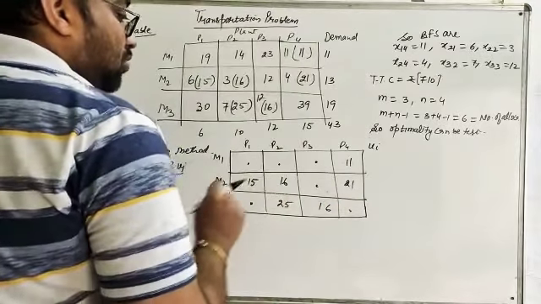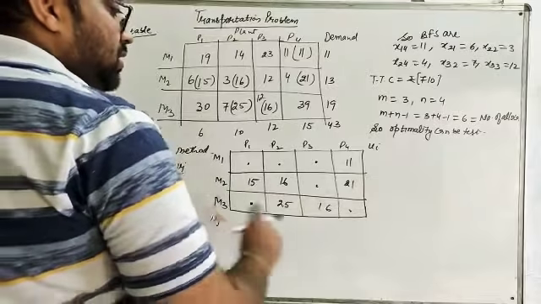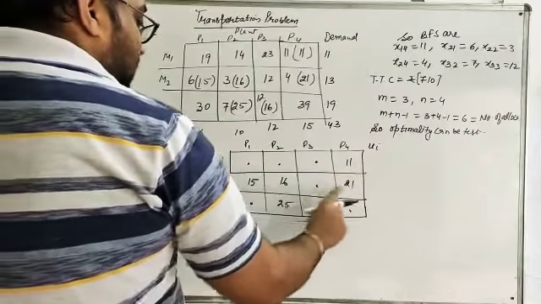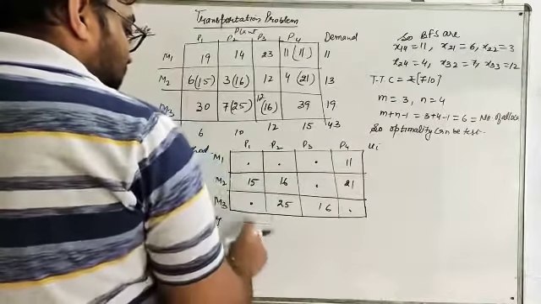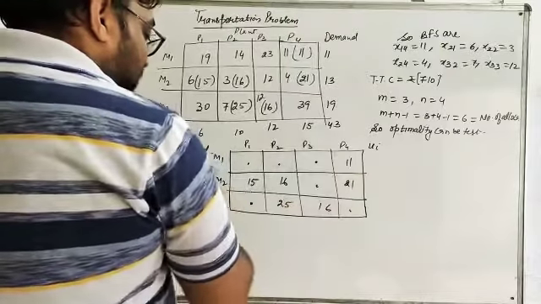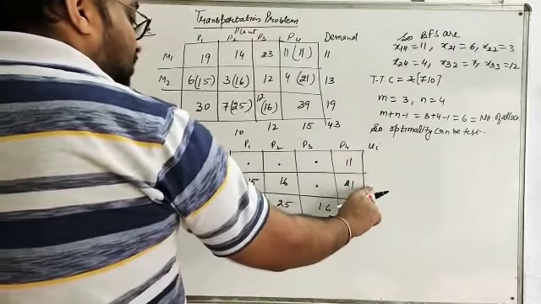Now select the row or column which has the maximum number of elements. This row has 1 element, this has 3 elements, this has 2 elements. So the maximum elements are in the second row.